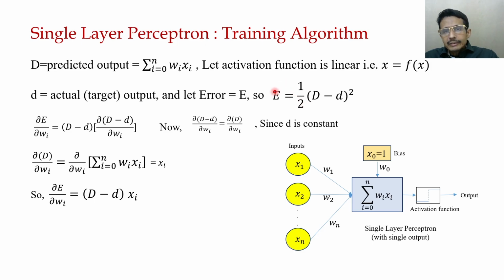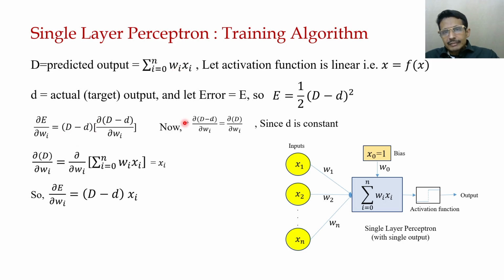So what do we need to do? We have to find the wi's such that this squared error term is minimized. For any minimization problem, we take the gradient of this error, called the error gradient, with respect to the wi's, which are the different weight parameters.